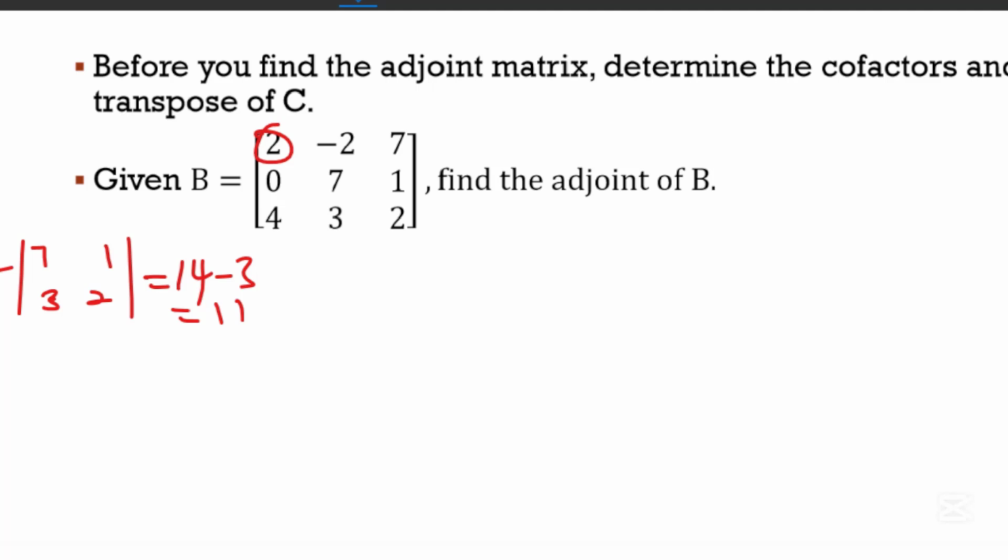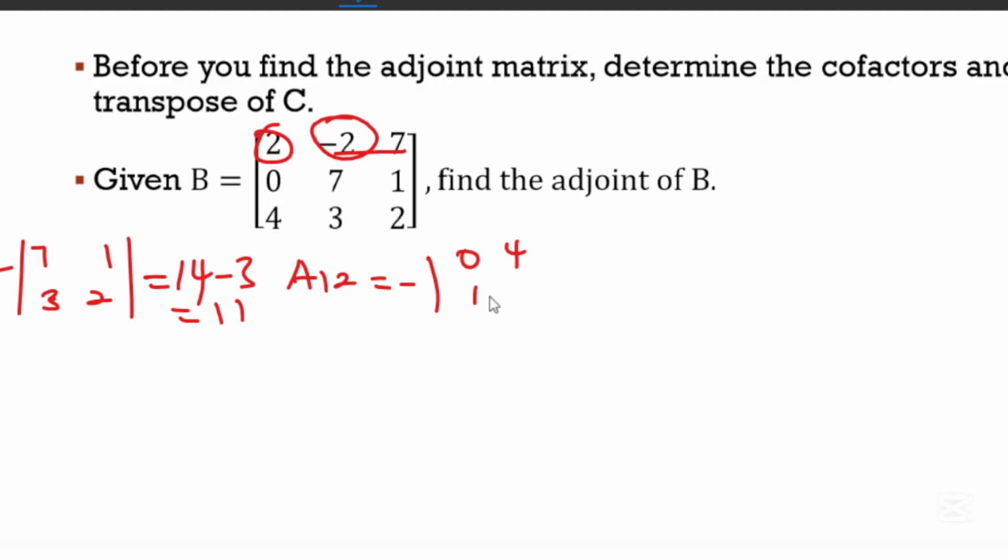This one is our target element, so all the elements in its row and column are deleted. So you have 0, 4, 1, 2, and then we have negative bracket 0 times 2 is 0 minus 1 times 4 is 4. So negative times negative gives us 4.